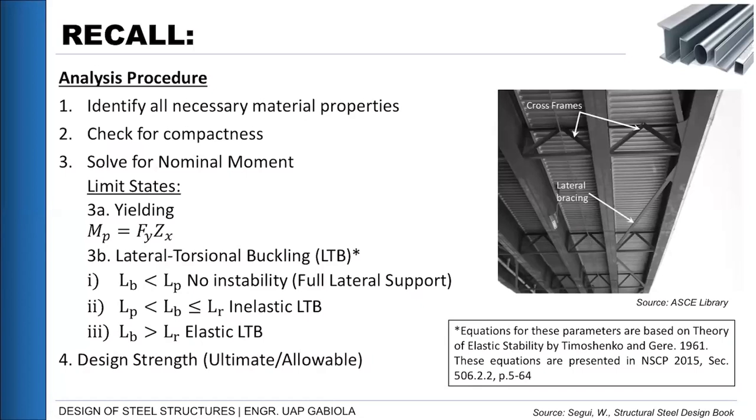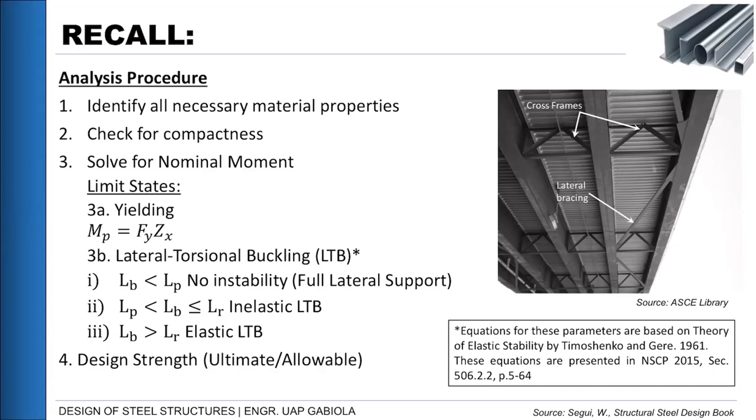So whatever property is needed in the calculation of the succeeding steps should be identified first, or you can always go back to our Excel file of properties to get the values.